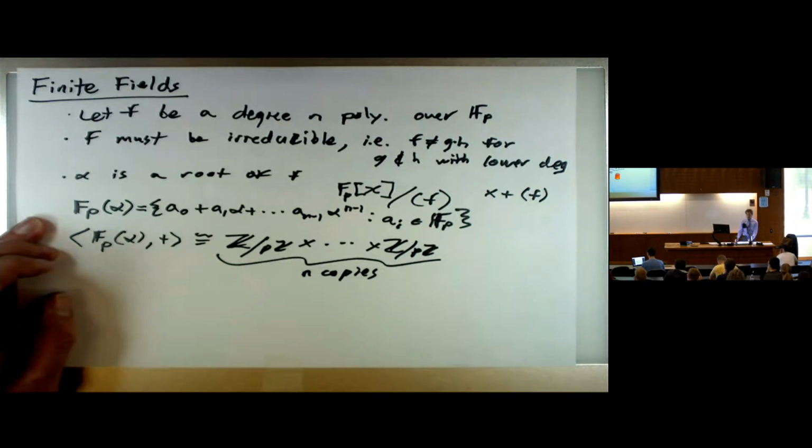And it takes a little bit more work to show that the multiplicative group is cyclic. I'm not going to go through that. You can look at my notes for that, but it's true.